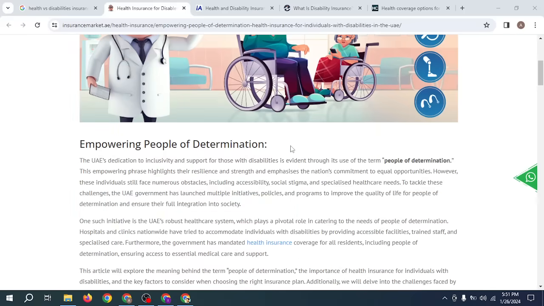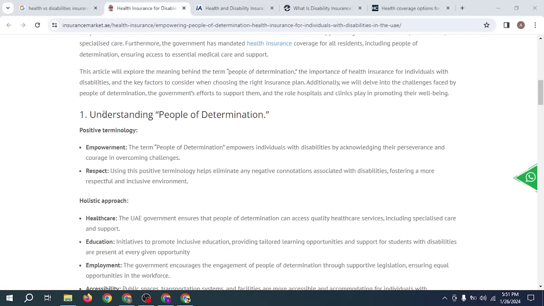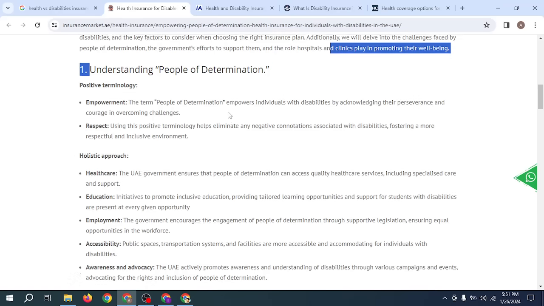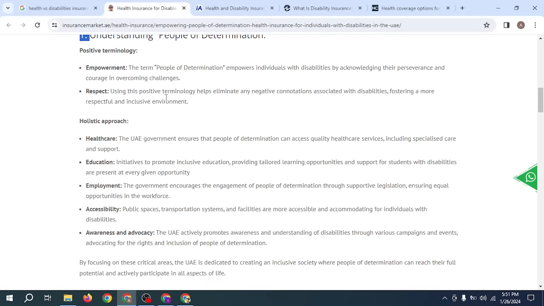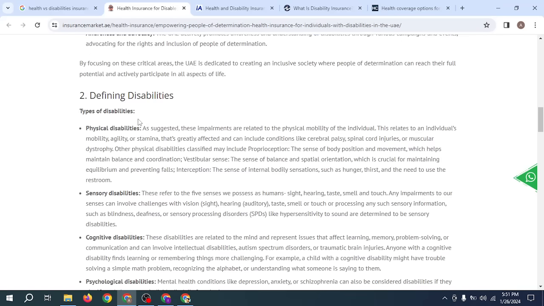Empowering people of determination. These are the understanding of people of determination. Positive terminology and empowerment: the term people of determination empowers individuals with disabilities by acknowledging their perseverance and courage in overcoming challenges. Respect. A holistic approach: healthcare, education, employment.